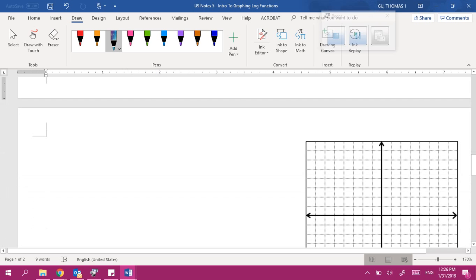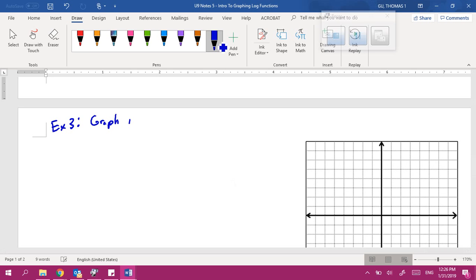So turn to the back. I'm going to show you 2 types of graphing problems. Example 3, we are going to graph the inverse of y equals 2 to the x. Then we're going to find the equation of the inverse.